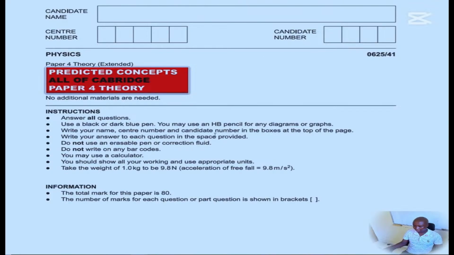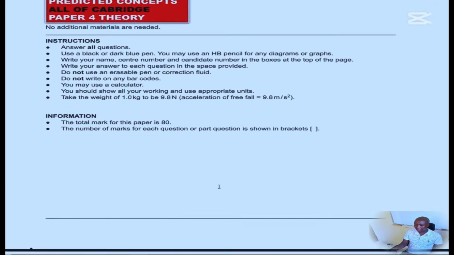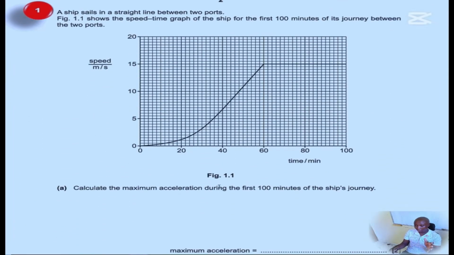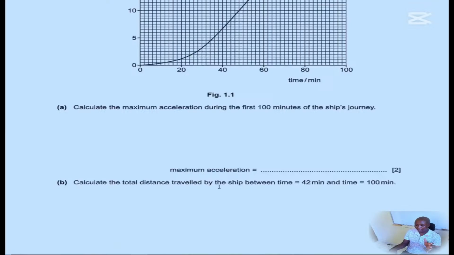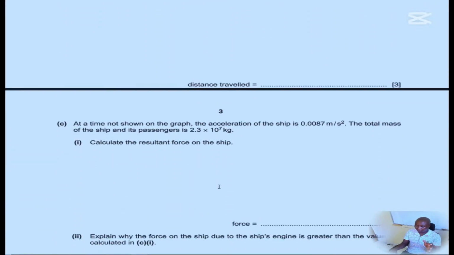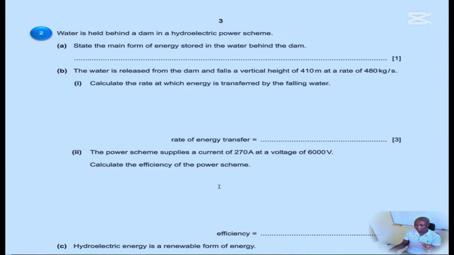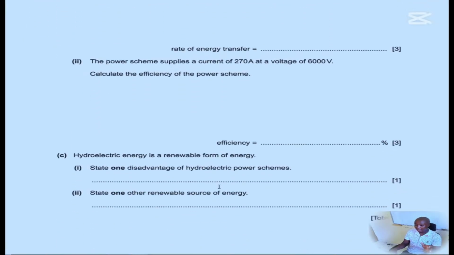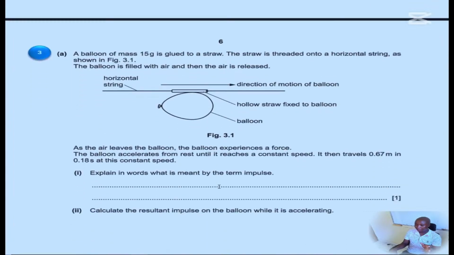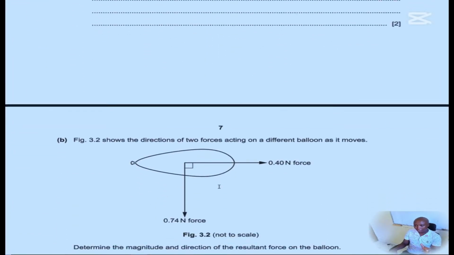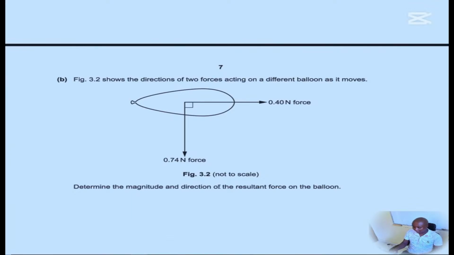So the main concepts that I really feel are very important: you need to understand motion graphs, on how you can be able to describe motion of graphs, and the calculations involved from those graphs. You need to understand the concept of energy transfer and energy resources. You need to understand concepts to do with impulse, momentum, collisions, and also combining forces.